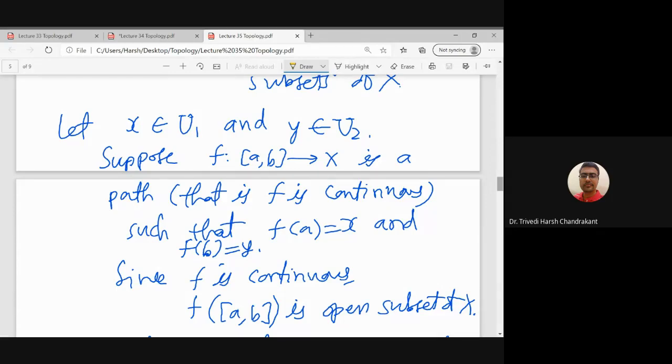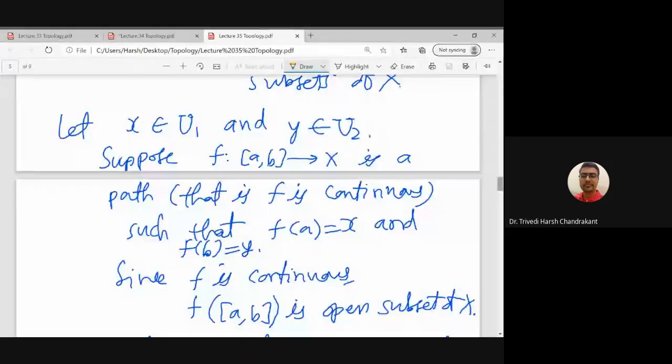So assume that f from the closed interval a, b to X is a path, so that f of a is x and f of b is y, where x is in u1 and y is in u2.